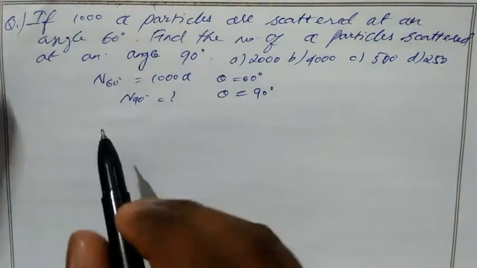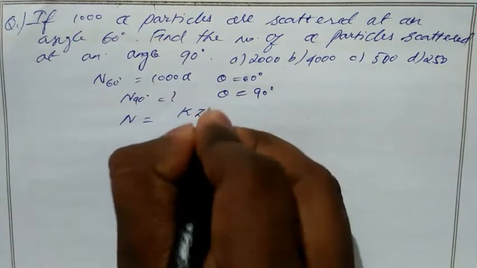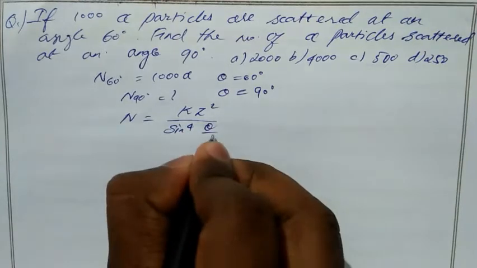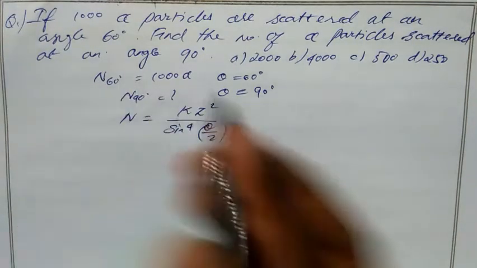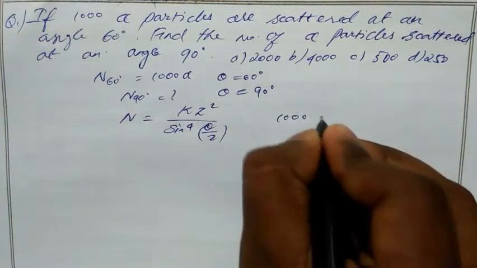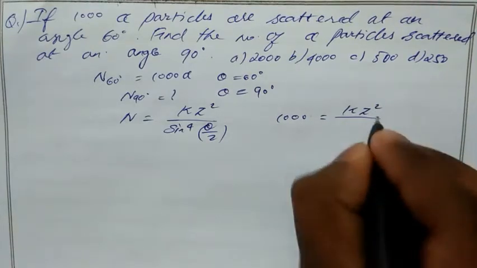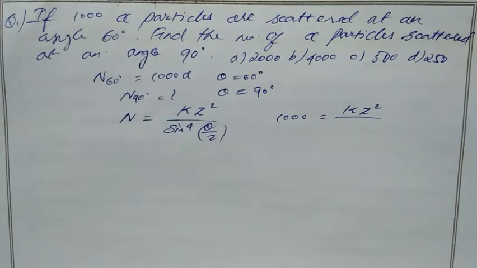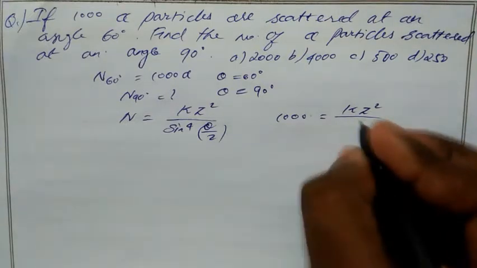So we take the first condition, N equal to k Z square divided by sine power 4 theta by 2. So this is the formula. N is given for the first condition as 1000 alpha particles, equal to k Z square divided by sine power 4 theta by 2. Here Z is not given, they did not mention any metal, so we take both metals as the same, so both have the same Z, same atomic number.